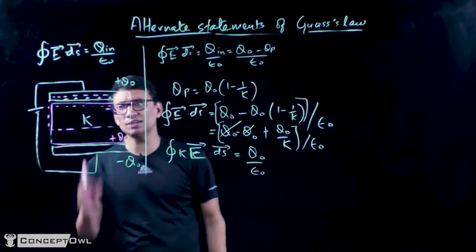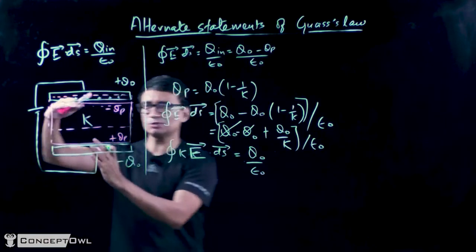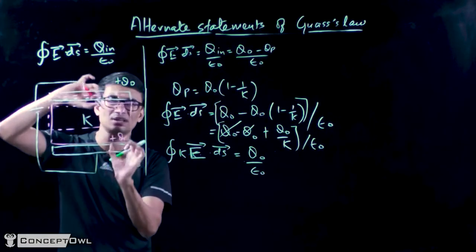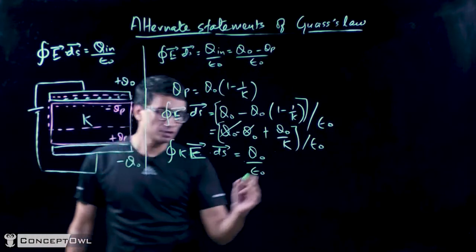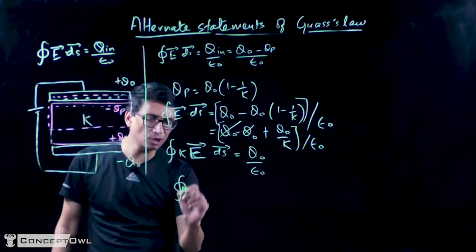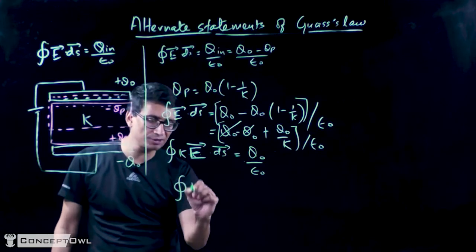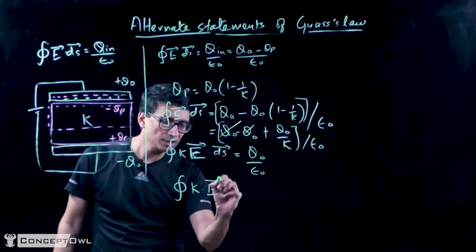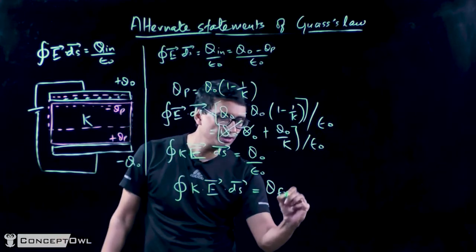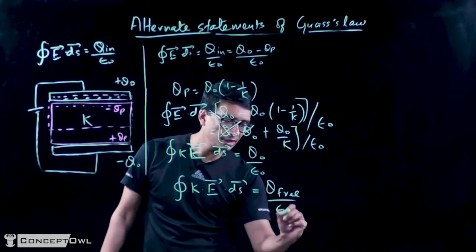And what is my Q naught? Q naught is my free charge. We're not talking about the charge induced; we're talking about the charge actually flowing. So this is the free charge. And this is the alternative statement of Gauss's law: the integral over a closed surface of K into E dot ds is equal to Q free upon epsilon naught.